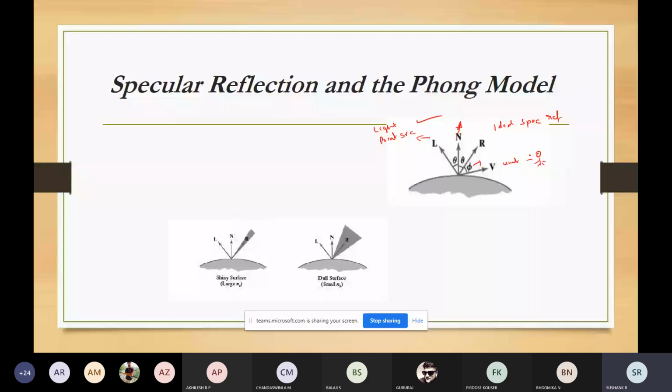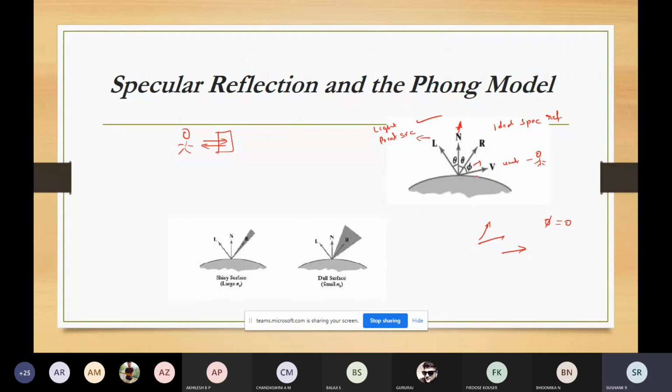So if you are standing in front of a mirror, whatever light is falling on that surface is getting reflected in this direction only. In that case, V and R will coincide, where phi is equal to 0. The angle between R and V will be 0.